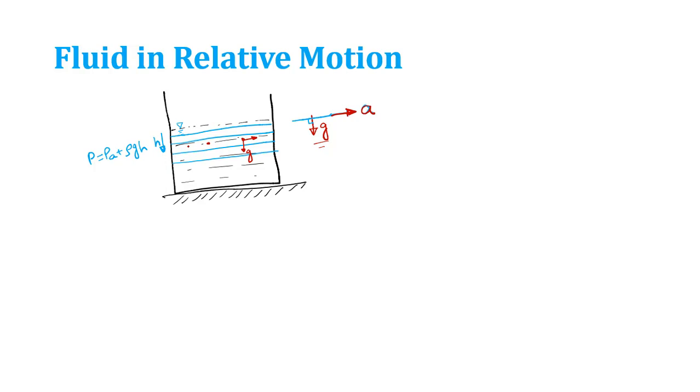And why, in case when there is no acceleration a, only acceleration due to gravity, does the free surface remain horizontal? Because this is a constant pressure line, right? So whichever is the case, try to note down this point. It's a very important concept. Whatever case may be, the free surface will be drawn in such a way that it is a constant pressure line.